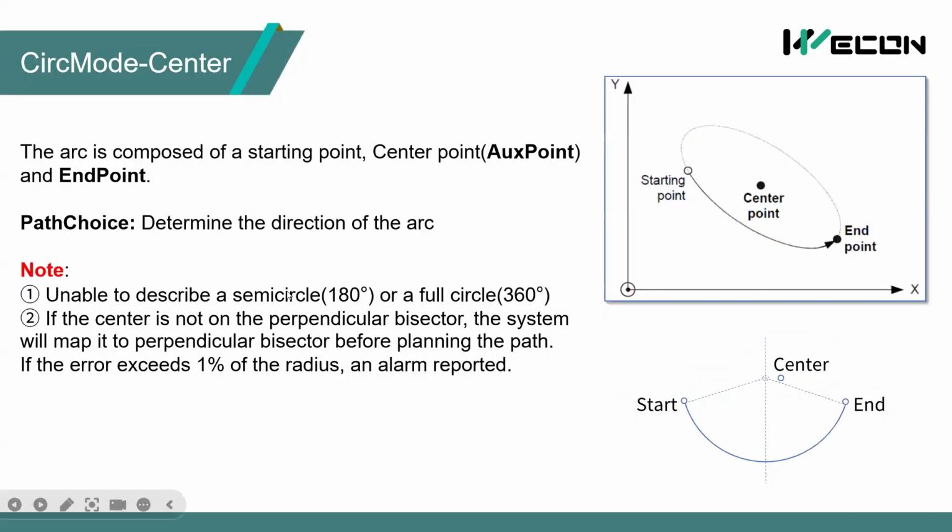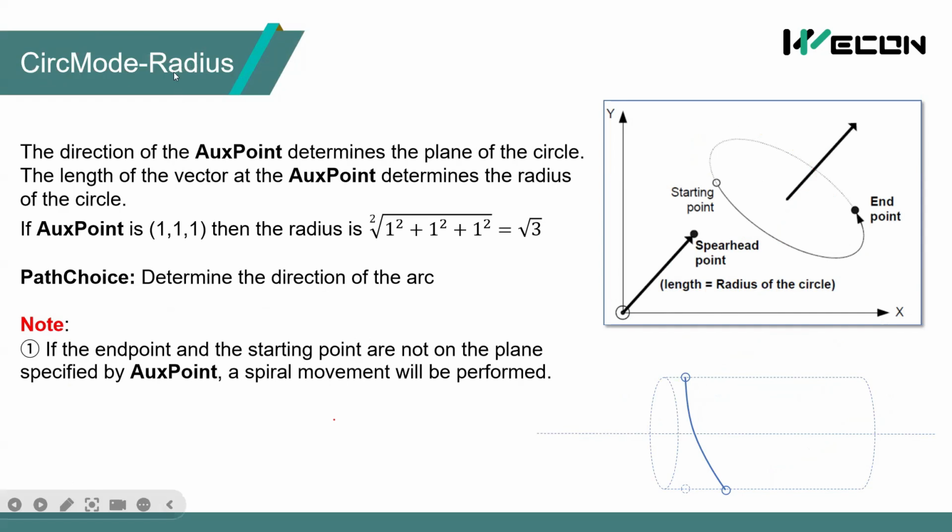Okay, and then the last mode is radius mode. In this mode, it's a little complex. We use the aux position to determine the plane of the circle, the direction.